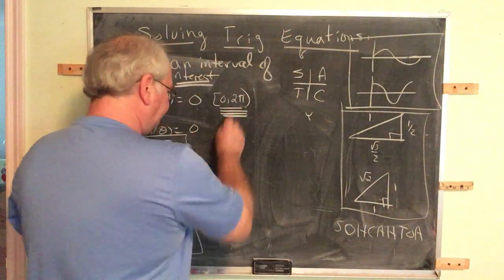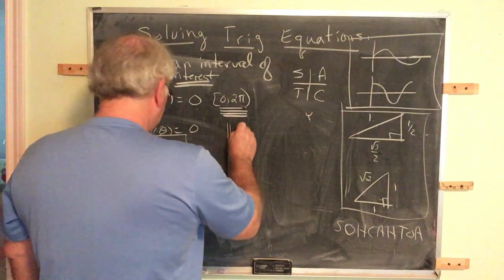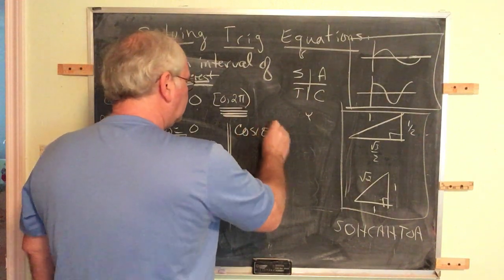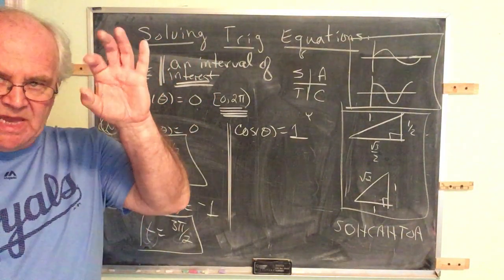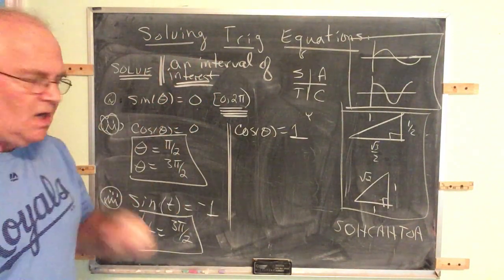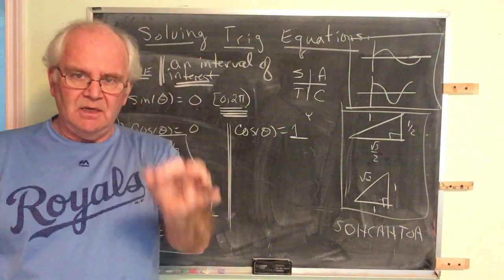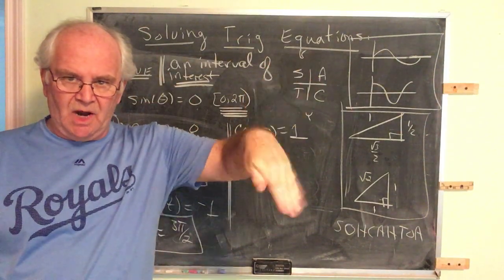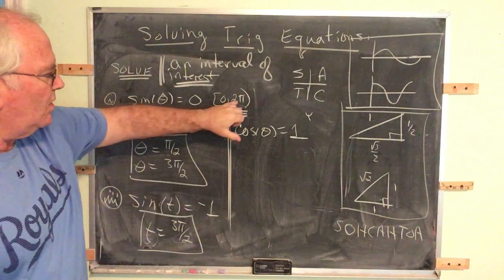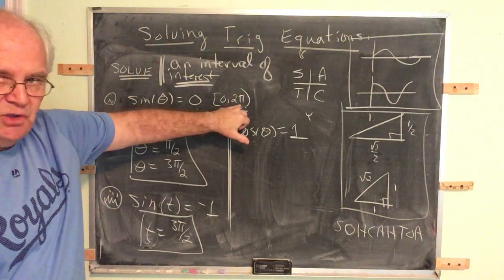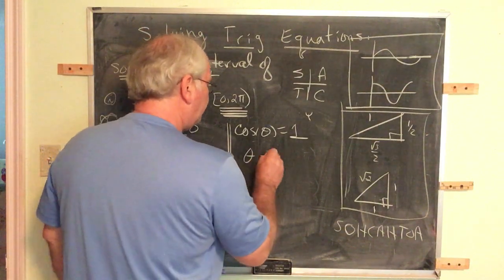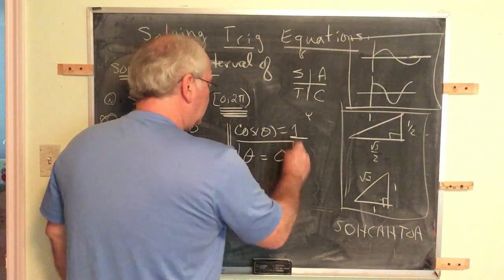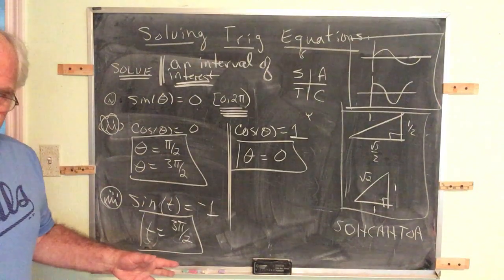Let's try cosine theta equal 1. Where does cosine have the peak? Well, cosine starts at the peak, goes through the cycle, and ends at the peak, but we're not including the end point because we're only going from 0 to 2 pi, not including 2 pi. So the only peak value we're taking from cosine is at theta equals 0, the end.